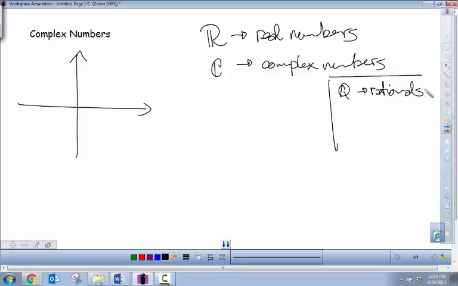They don't have an irrational set, but they do have integers. Ooh, try to do that Z. That's pretty cool, huh? This is going to be the set of integers, positive and negative.